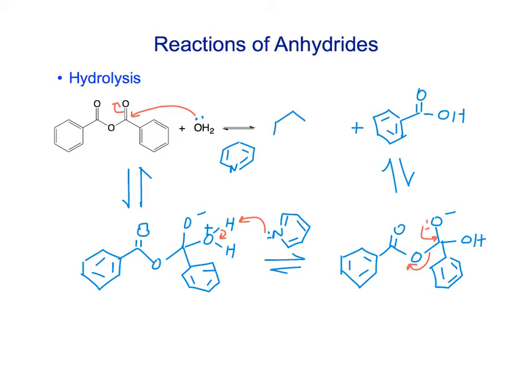I'm putting this in the first spot, but I'm just trying to keep it in the order that it was. And this is going to be plus this pyridinium benzoate.